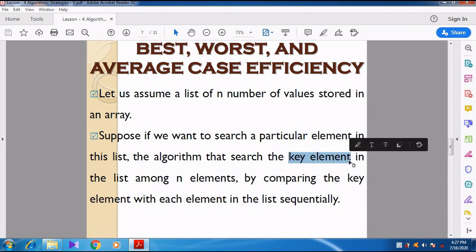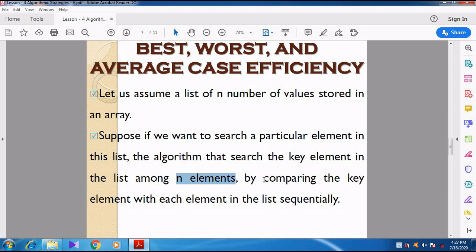The list already contains n elements. We are going to find out only one element, which may be among the n elements. We are going to find only one element, but the list contains n values. So from those n values, we are going to find the one value.